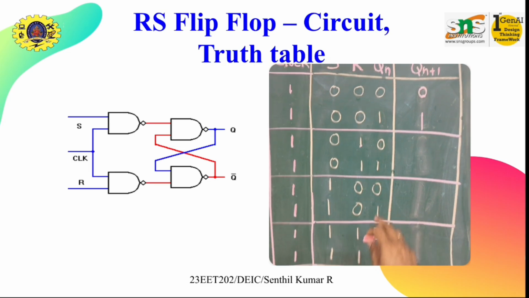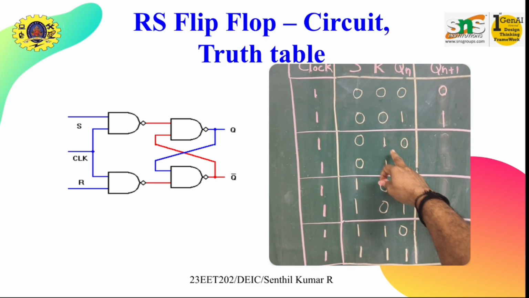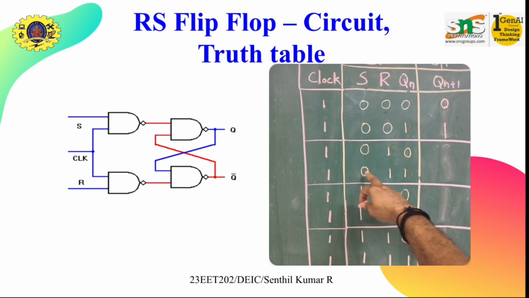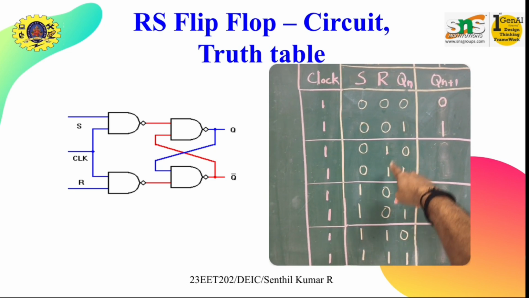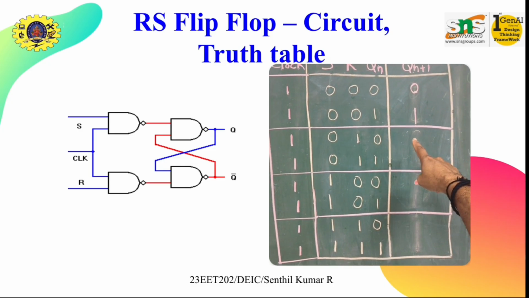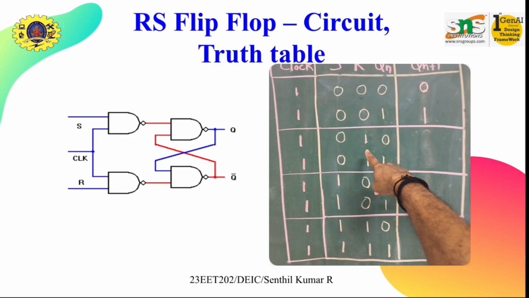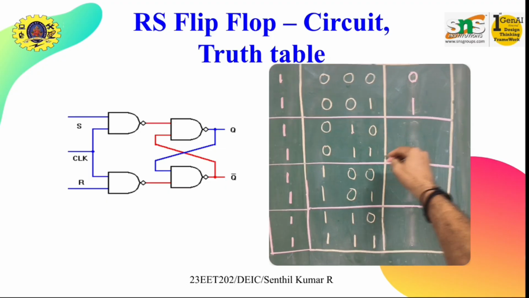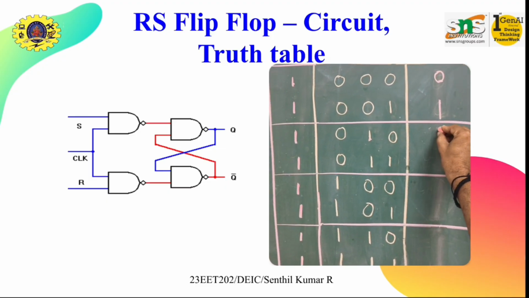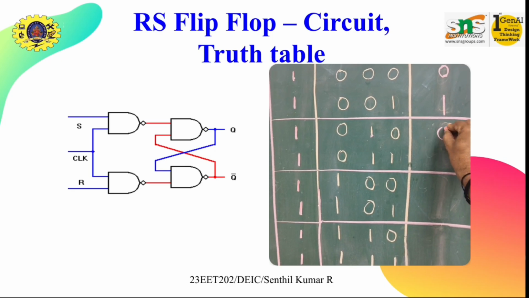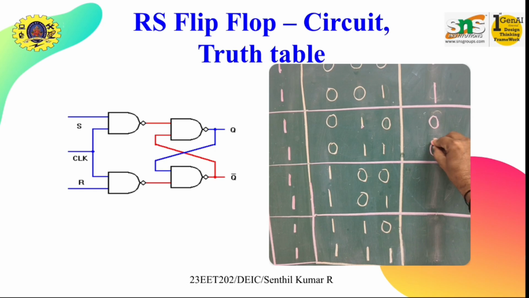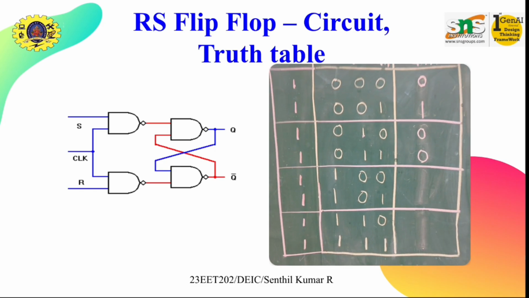For the second column, S is 0 and R is 1. With R as 1, whatever the assumed value, the output is 0, reset. Therefore, when the present state is 0, the next state is also 0, and when the present state is 1, the next state is also 0, since it is reset.